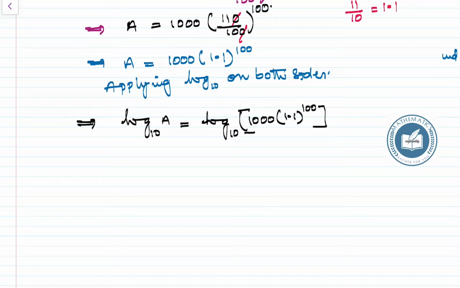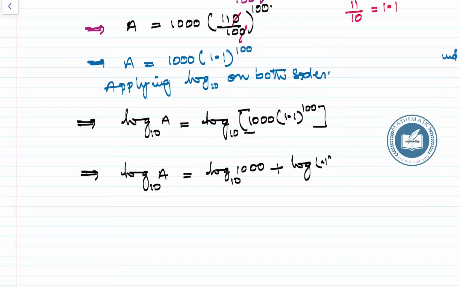So next step we can write log A base 10 is equal to log 1000 base 10 plus log 1.1 whole to the power of 100.